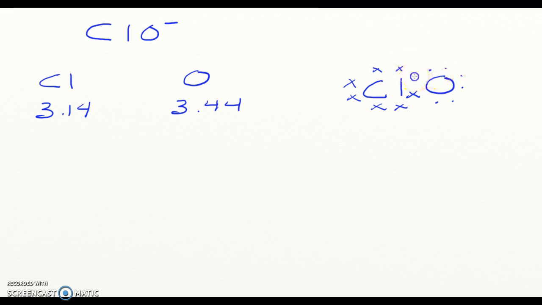So there's an extra one right here. This extra one can go anywhere. So what does this mean? Well, this 3.44 on the oxygen means that the electron pool in the bond is going to be drawn more towards the oxygen.